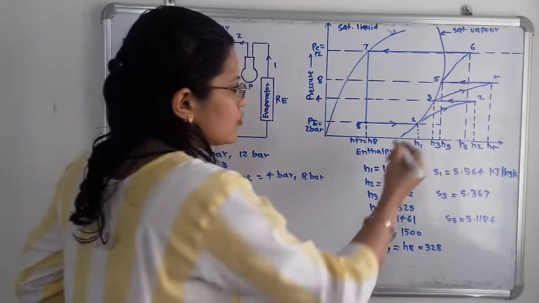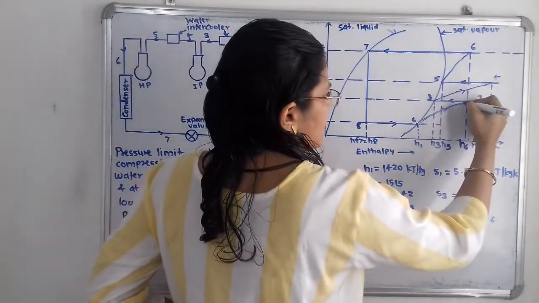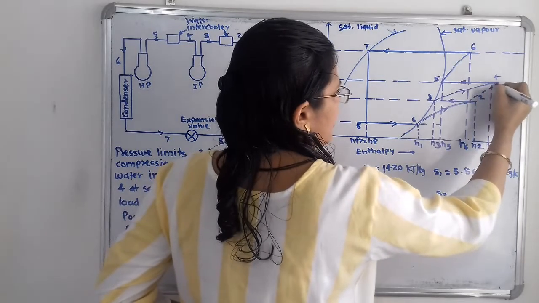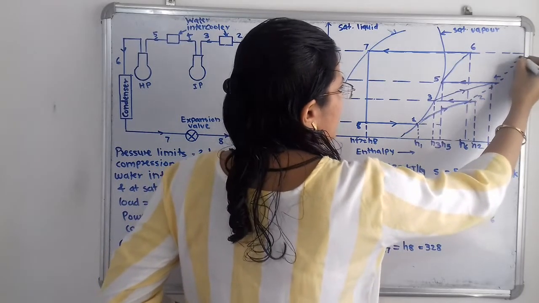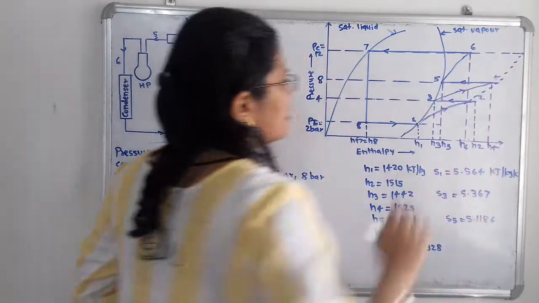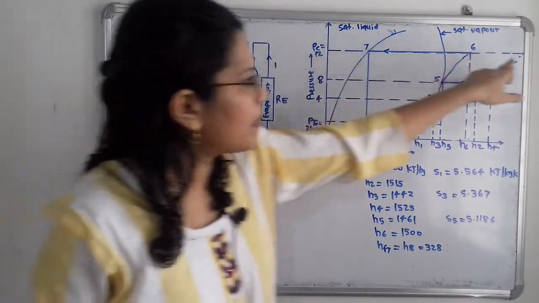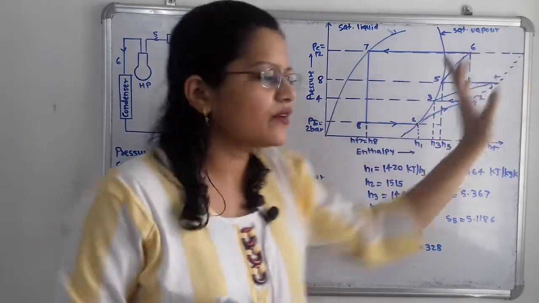So we have to observe this line, that is this will be the entropy line. So here I will draw it with the help of a dotted line. So somewhere here, at this constant entropy line up to this 12 bar pressure line, what will be the point of intersection?